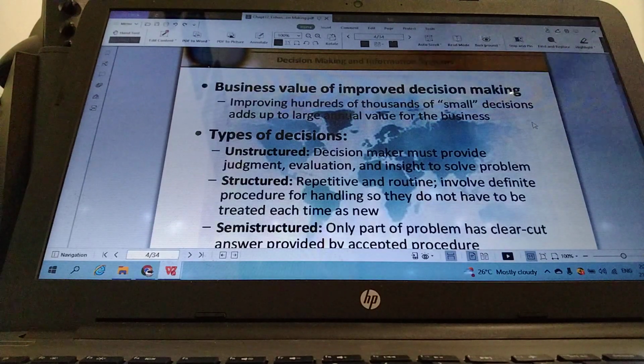So we're going to look at how we can use this kind of software, BI and BA, in improving hundreds of thousands of small decision making processes, which adds up to a large annual value for the business.